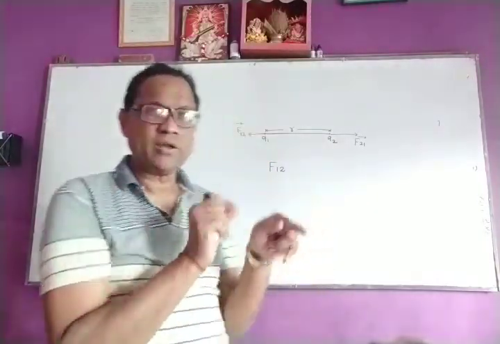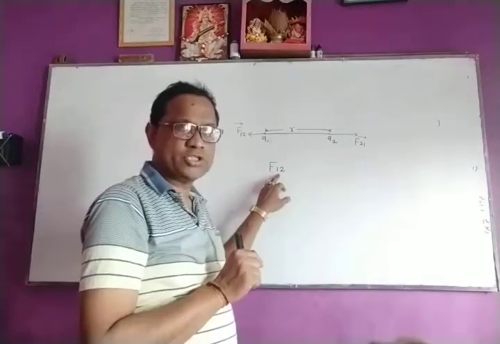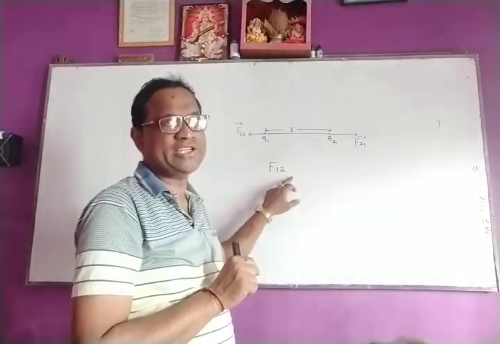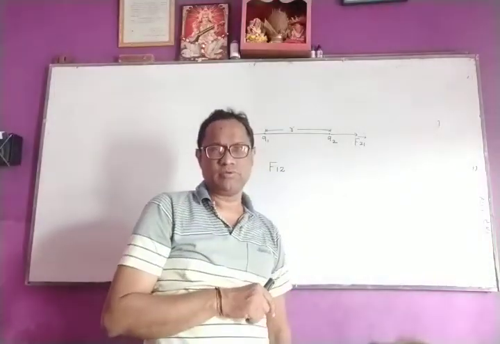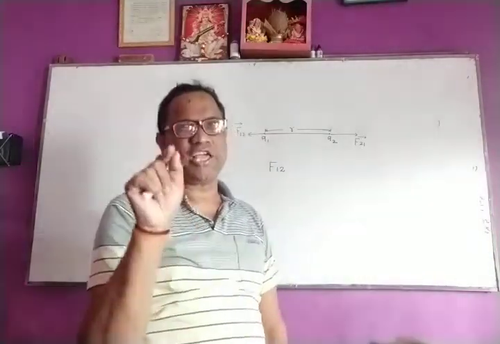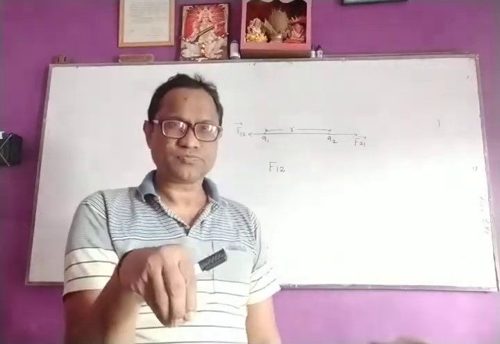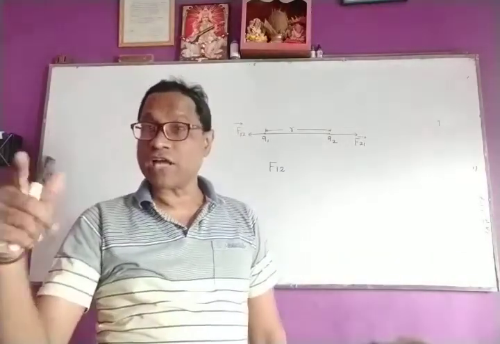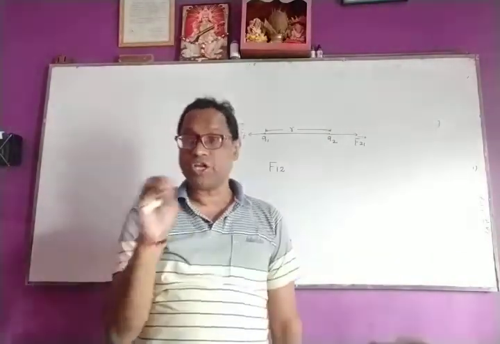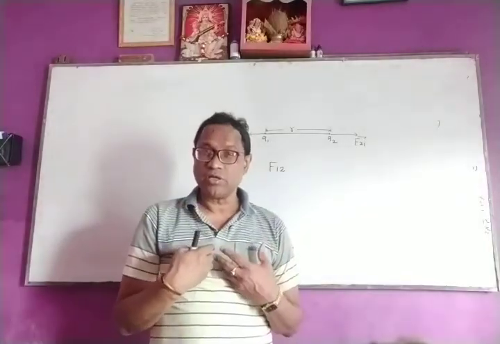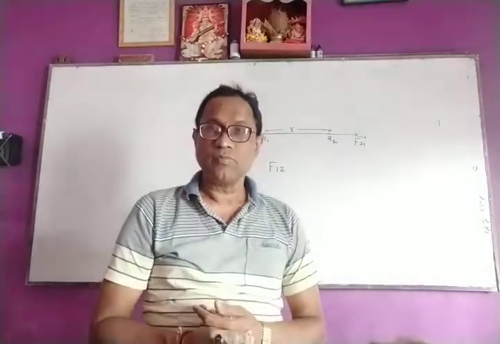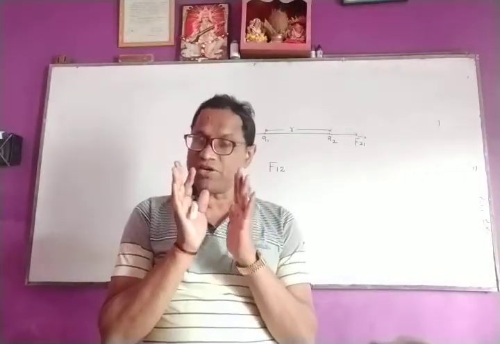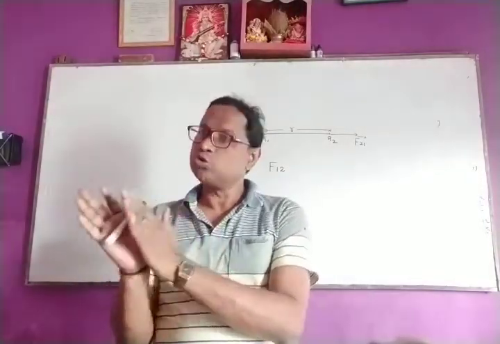The first digit represents the position of test charge and the other digit represents the position of source charge. F12 means force on Q1 due to charge Q2. Q1 experiences a force either attractive or repulsive. So Q1 is the test charge, Q2 is the source charge.